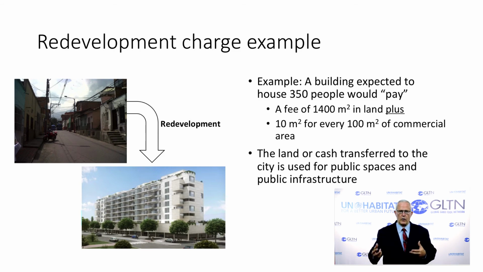The city would then say, all right, in that zone, because it varies by zone of the city, a building that houses 350 people will pay a fee of 1,400 square meters in land plus 10 square meters in land for every 100 square meters of commercial area. The land, or the cash equivalent, is transferred to the city to be used for public spaces and public infrastructure.